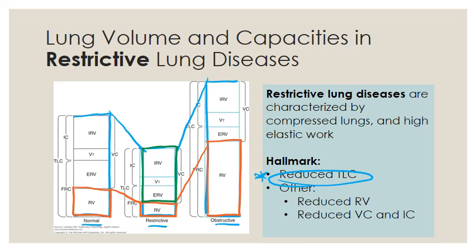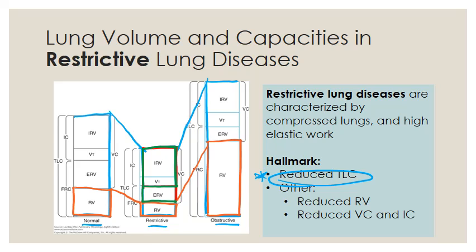And lastly, we will see a compression of the inspiratory capacity, we'll say right here, inspiratory capacity. And this is due to higher elastic work overall, no matter the disease.